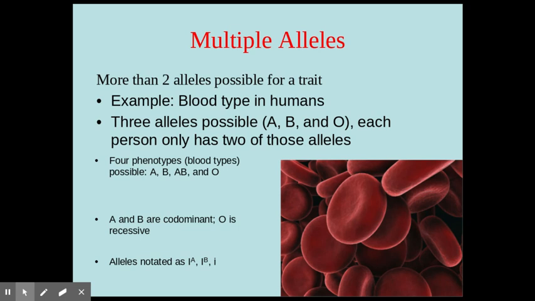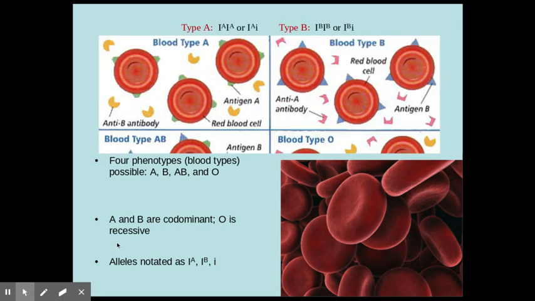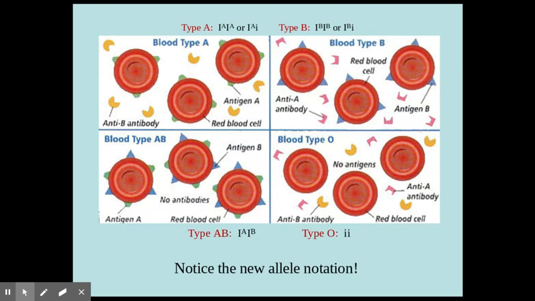You can have an A blood type, a B blood type, an AB blood type, and an O type. A and B are codominant, and O is recessive, and the alleles are noted with a big I, and then attached would be an A, a B, or a little i, which is the O representation. So here are the types of blood that you can have.